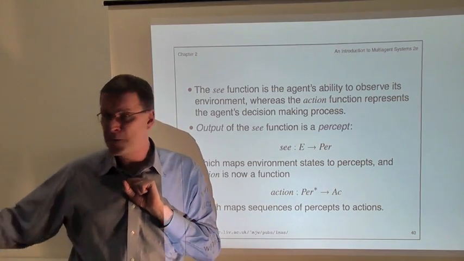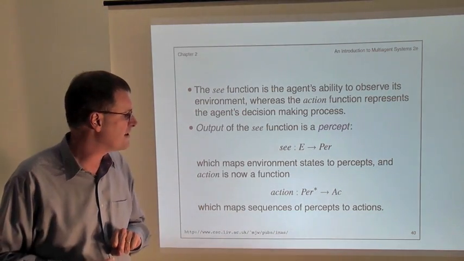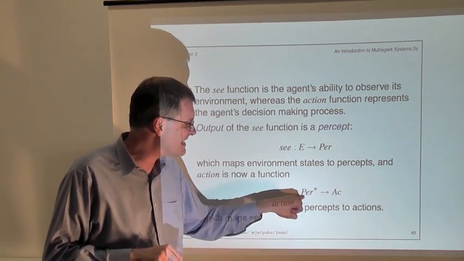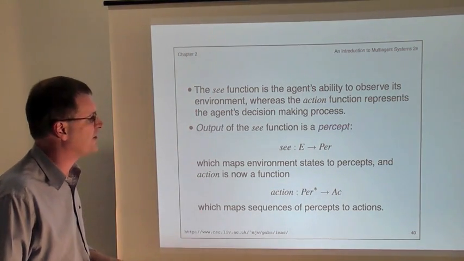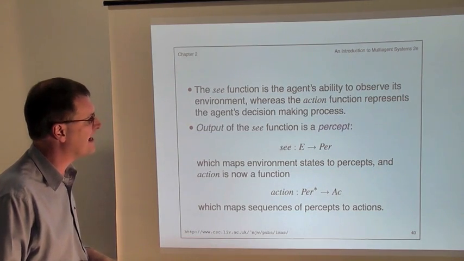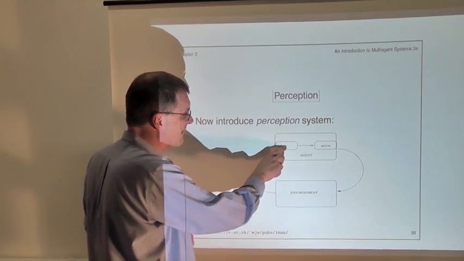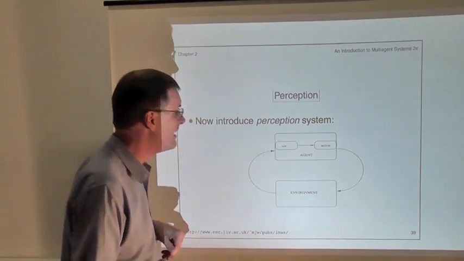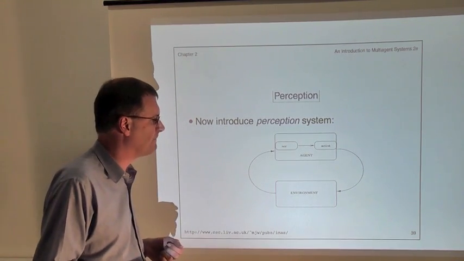Whereas if I've received this percept, then this percept, then this percept, then this is the action that I'm going to perform. So the action selection system takes as input a sequence of percepts and decides what action to perform on that basis. So we're dividing an agent, in this top level way, into perception and action. The output of the perception system is a percept, a piece of perceptual data.